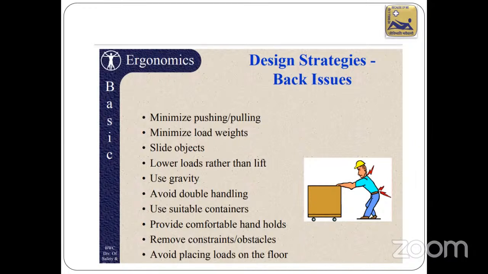So when you lift any weights, keep them closer to your trunk. You need to minimize pushing and pulling of weights, minimize the load, and avoid heavy lifting. Instead of lifting, you can try to slide the weights. All these are design strategies which can prevent back issues and back pains. Next slide.